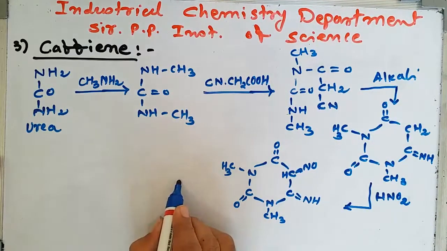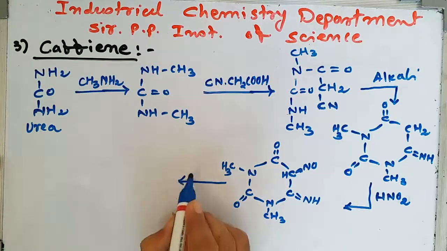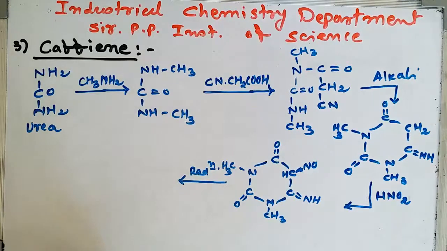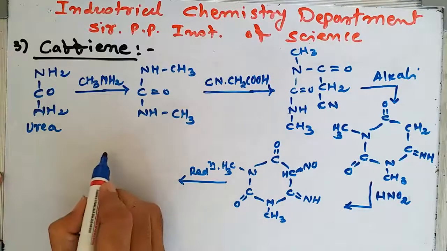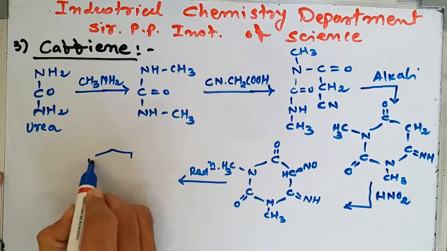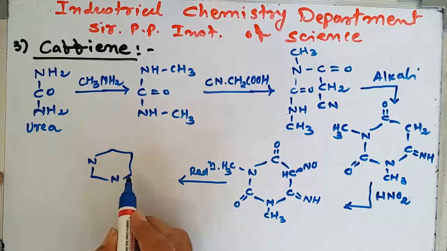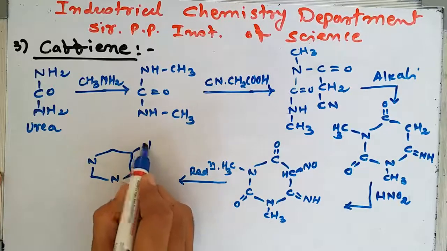Now the reduction unit process takes place, and we get an amino derivative of pyridine.